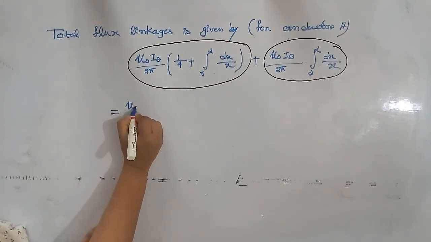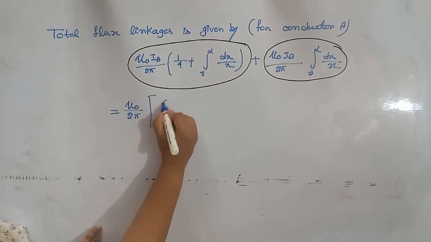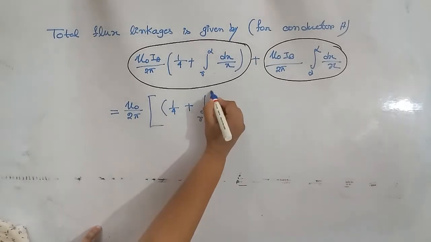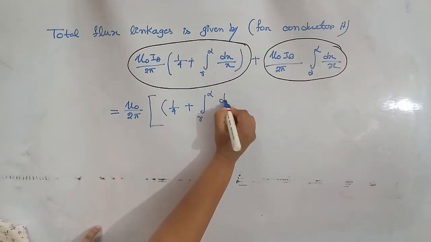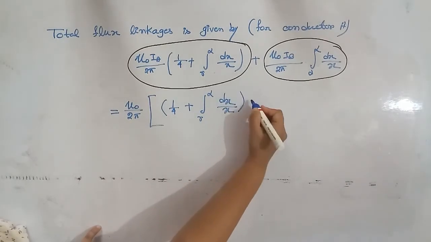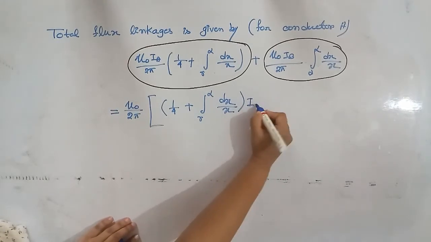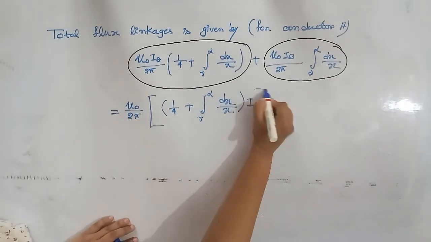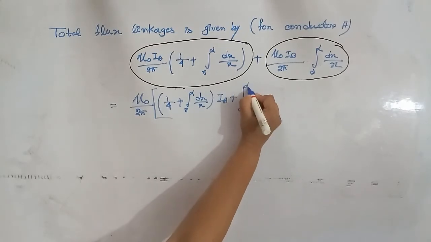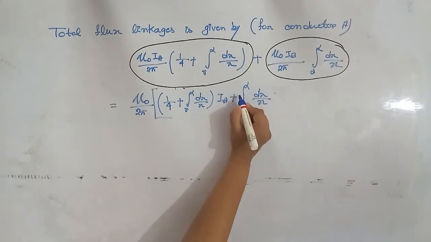We can write mu 0 by 2 pi times 1 by 4 plus R to infinity dx by x into IA plus d to infinity dx by x into IB.